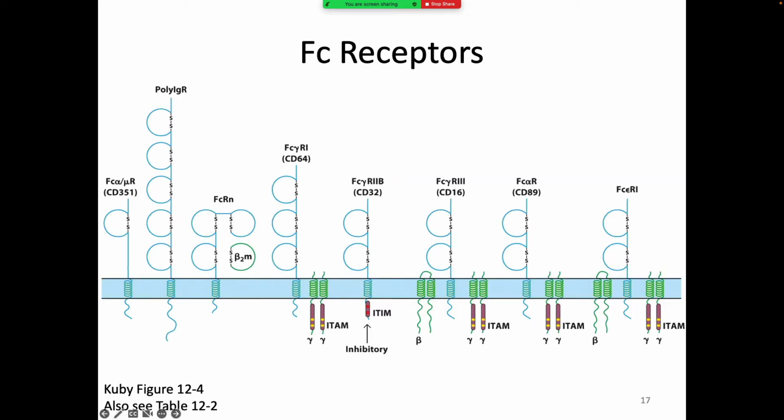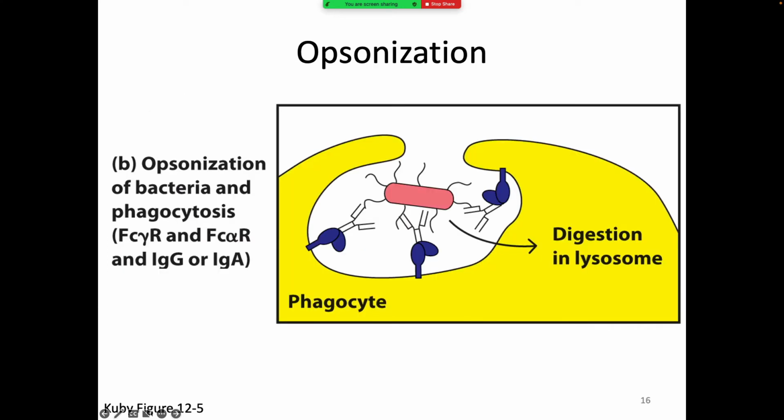Instead, our cell has a receptor called an Fc receptor, and the Fc receptor binds to the Fc portion of the antibody. There are different Fc receptors. For example, there's the Fc alpha receptor, which binds IgA. There's an Fc gamma, which binds IgG. There's an Fc epsilon, which binds IgE. So the letters are all matching up. And so an Fc receptor is required for opsonization to work.